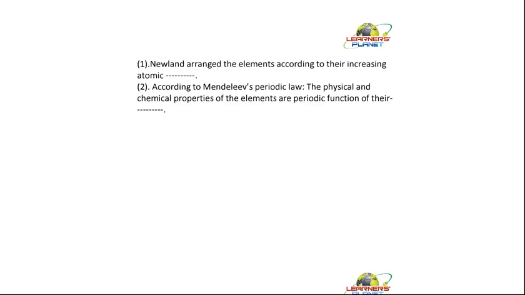The first question here is, Newland arranged the elements according to their increasing atomic what? So what was Newland's criteria? How did he arrange the elements? He arranged the elements according to their increasing atomic weights, right?